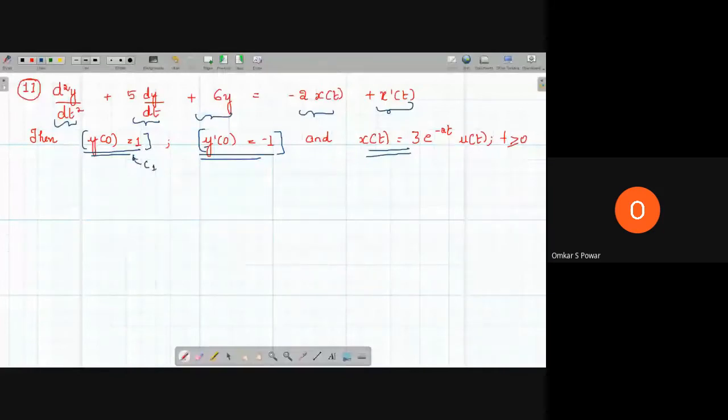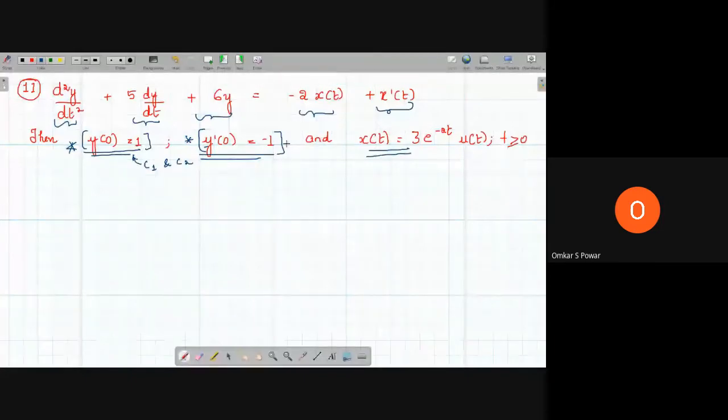In the earlier problem we did not get any value because there was no clue given. But if the clue is given as y dash of 0 is equal to 1 or y dash of 0 is equal to minus 1, it is a clue to you that you have to find the values of C1 and C2. Keeping that in mind, we will solve this problem.